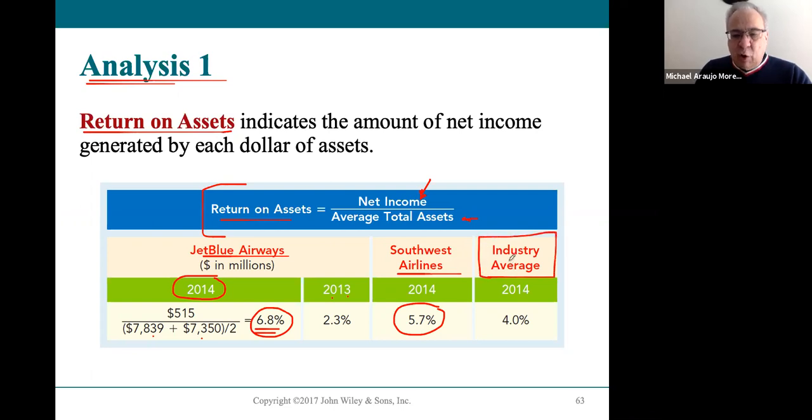When you looked at all of the companies in the industry, they only had a return on assets of 4%. So they were pulling in roughly about 4 cents of profits compared with every dollar in total assets. So you see both Southwest and JetBlue were doing better than the industry. They had a higher return on assets, which could tell us that they're using their assets wisely, because they're certainly generating profit from the deployment of their assets.